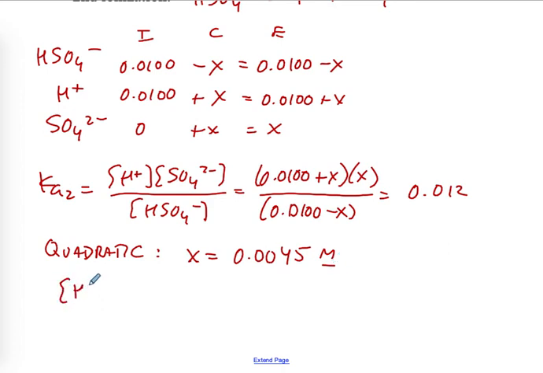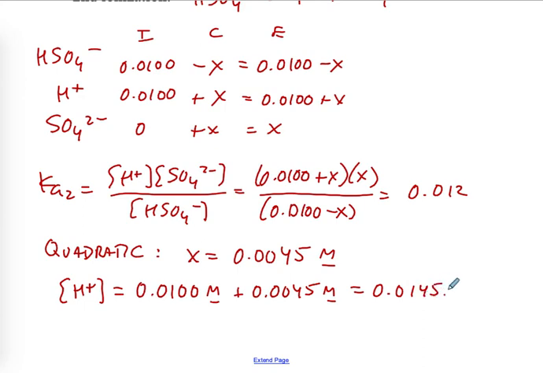So now my hydrogen ion concentration is equal to the sum of the 0.0100 molar hydrogen ion concentration produced in the first ionization plus the 0.0045 molar produced in the second ionization, which, because we began with a much more dilute solution of sulfuric acid, is not negligible, to give me 0.0145 molar as my hydrogen ion concentration, from which I can calculate the pH.